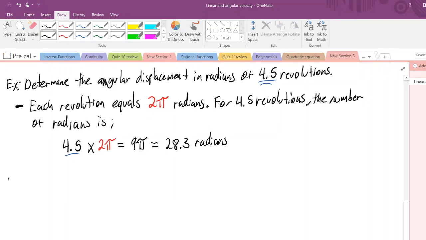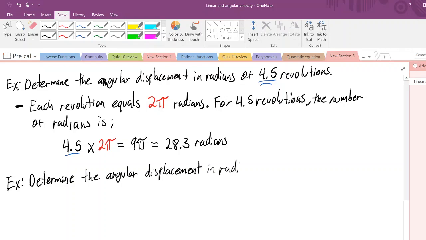All right, so another example. Determine the angular displacement in radians of 8.7 revolutions.